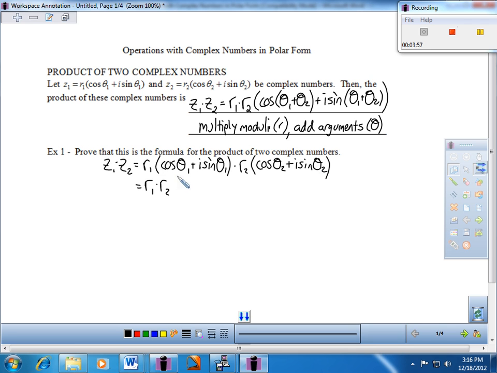So I guess I'm going to do it this way. Cosine theta 1, i sine theta 1, and then cosine theta 2, and i sine theta 2. All right, I hope everyone's with me right there. Just very simply, order doesn't matter. So I'm going to multiply those and then multiply these. These 2, exactly what the formula says. Now, where the heck did this come from?